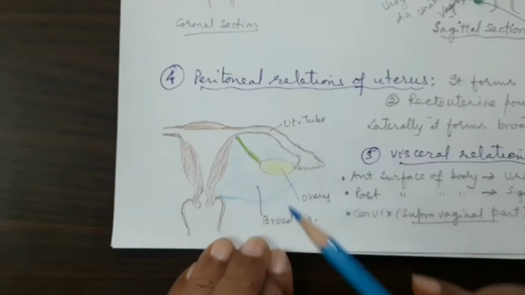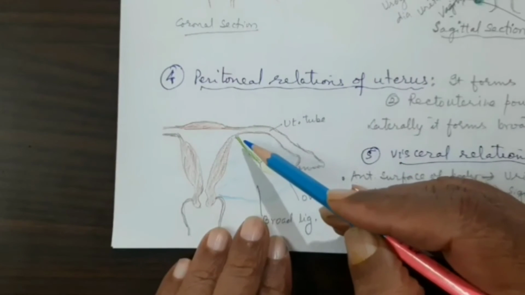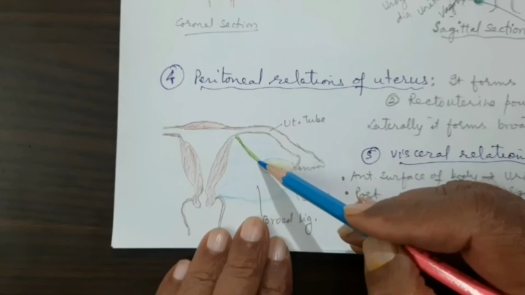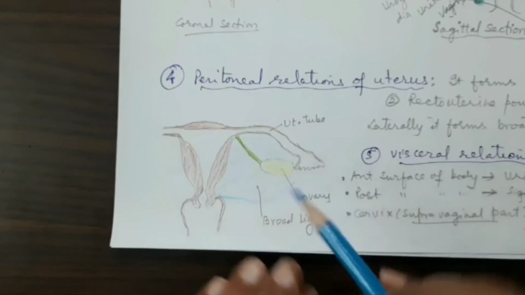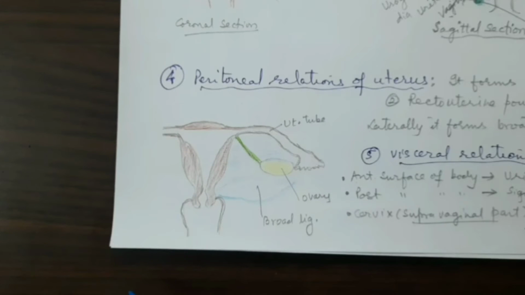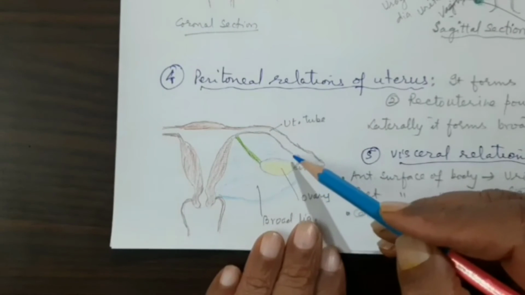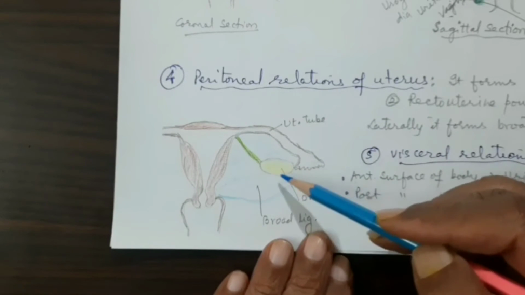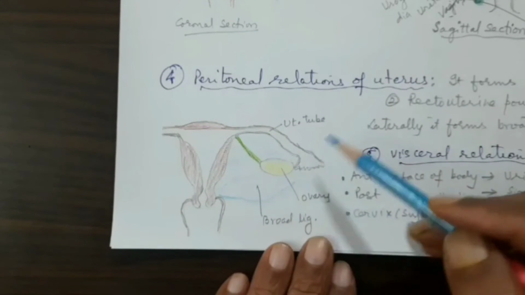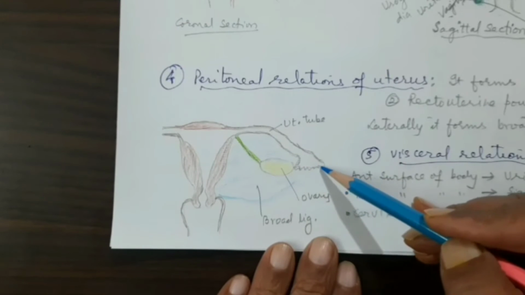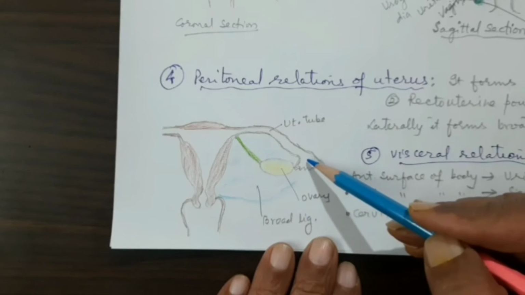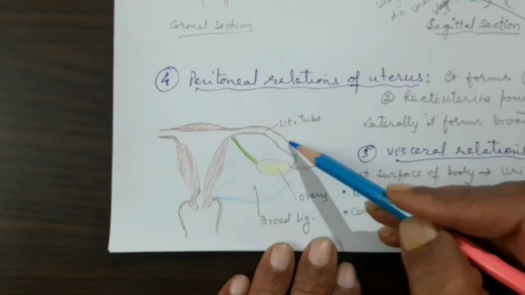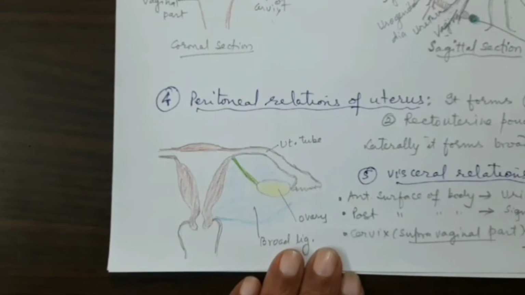This is called the broad ligament of the uterus, in which this green colored ligament which I have drawn is the ligament of the ovary, and this is the ovary, which lies posterior to the broad ligament, though I have represented it here, very close to this end of the uterine tube, through which the ova will go inside the uterine tube.